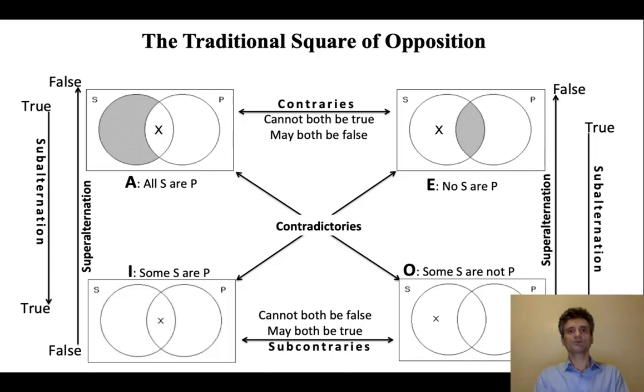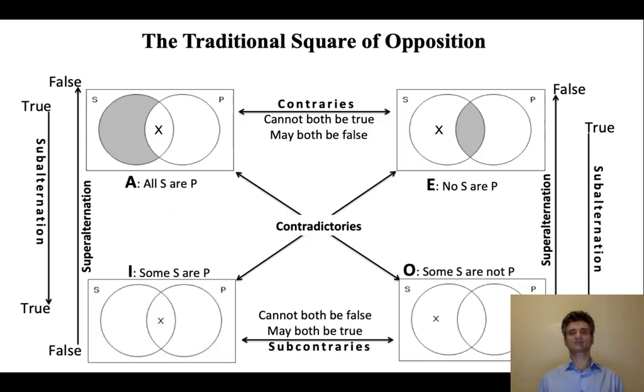Because according to the traditional square of opposition, according to Aristotle, when I make a universal statement, according to traditional interpretation, my universal statement makes an existential assumption, also known as an existential import.